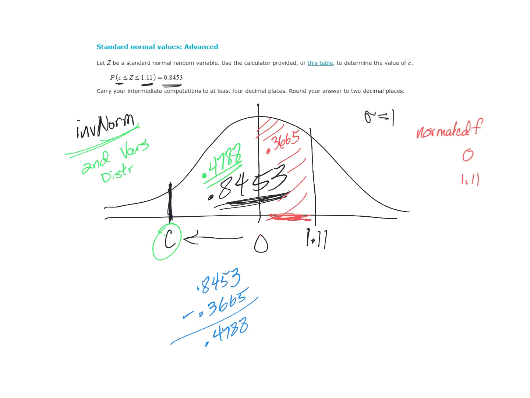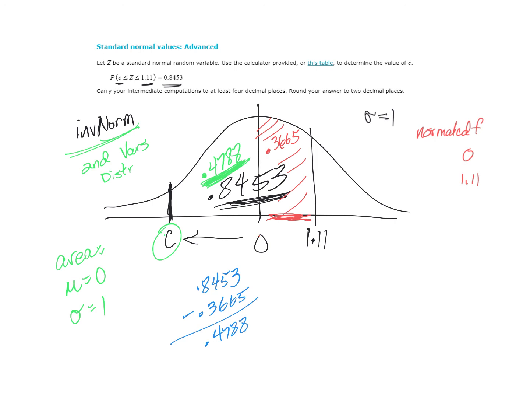And what it does, if you hit that, the first thing it asks you for is area. It also asks you for mean and standard deviation. So my mean is 0, my standard deviation is 1. The question is, what is the area? Now if I type in 0.4788, it's going to give me the wrong answer.